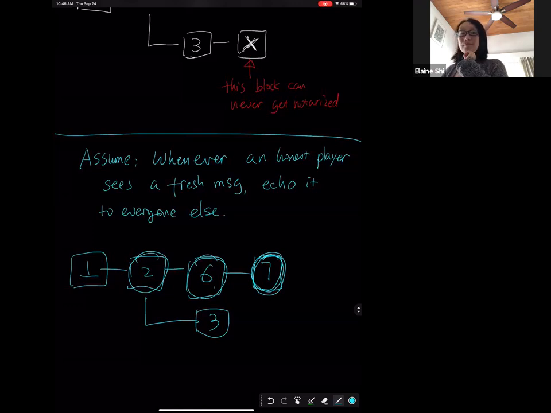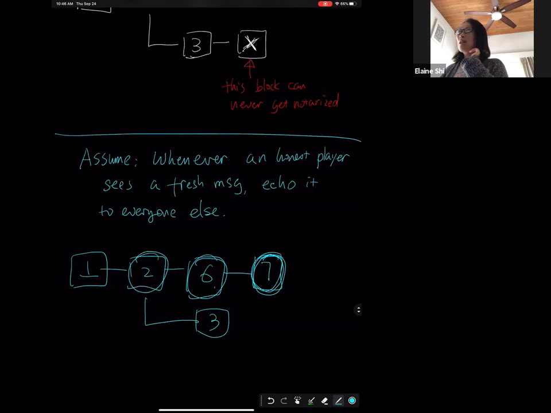I'm thinking about if I missed one node being notarized. If I missed 6 being notarized, will that make a difference to me notarizing the following node? If I missed node 6, could I still notarize 7 and 8 correctly? The way to think about it is, this can only happen if the network conditions are bad, or if the leader is malicious.